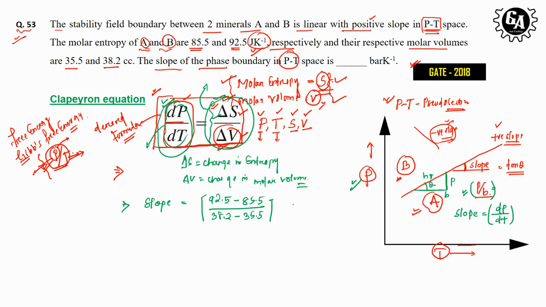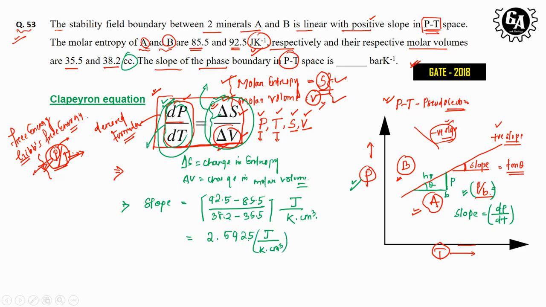The units are joule per Kelvin and cc, meaning cubic centimeter. So what is the slope? If you calculate, the answer is 2.5925 joule per Kelvin per cubic centimeter.